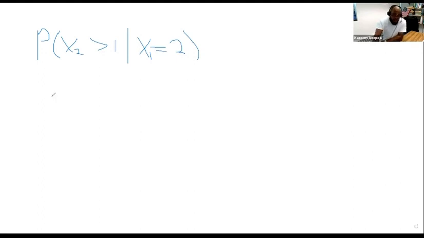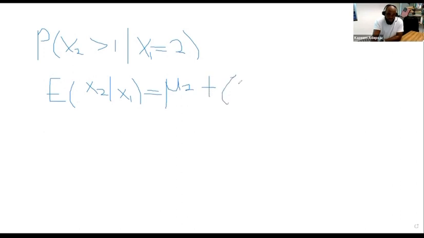So, based on what we derived the other time, the expected value of x2 given x1 is basically mu2 plus rho sigma 2 times (x1 minus mu1) divided by sigma 1.